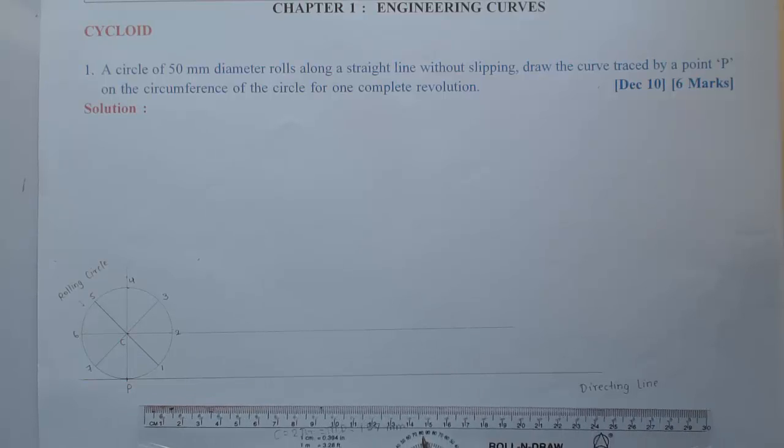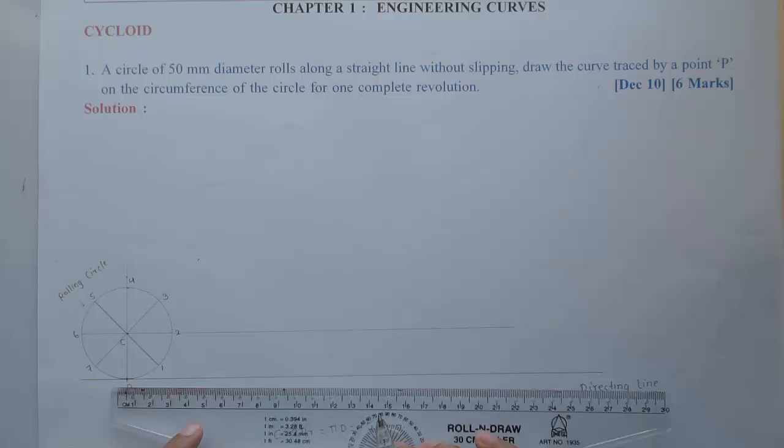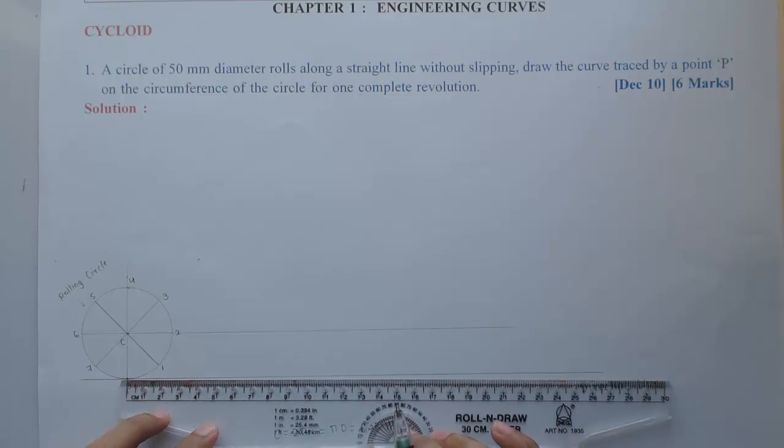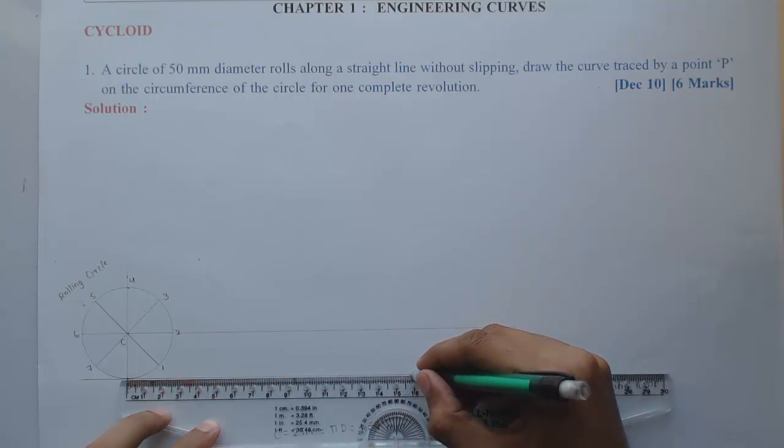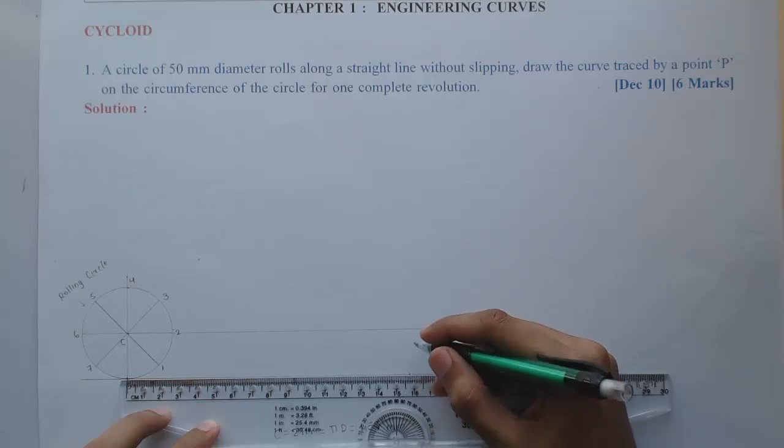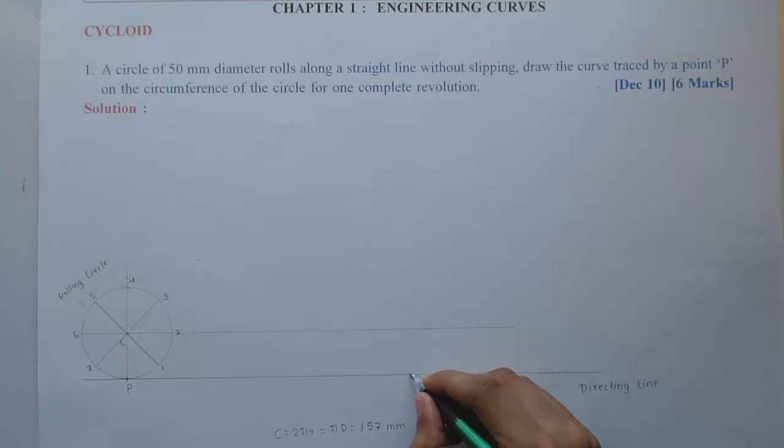So I have to mark that length of 157 mm along the directing line to locate the final position of the circle. Let that final position be P dash.